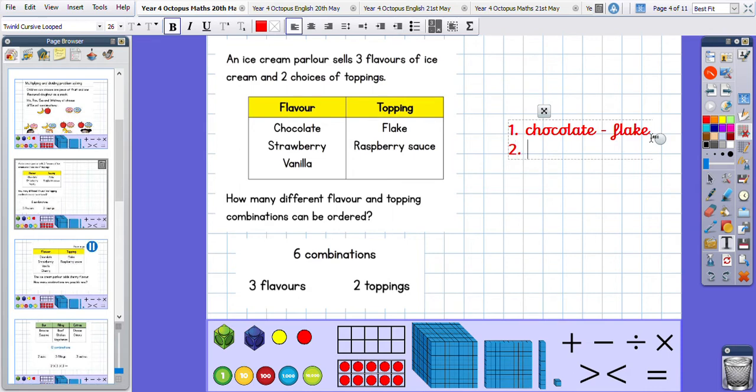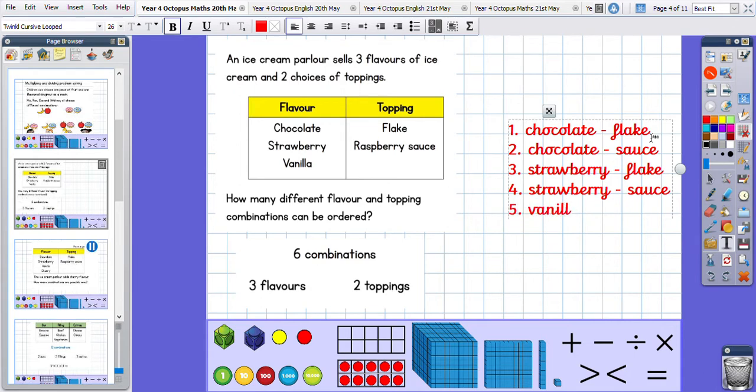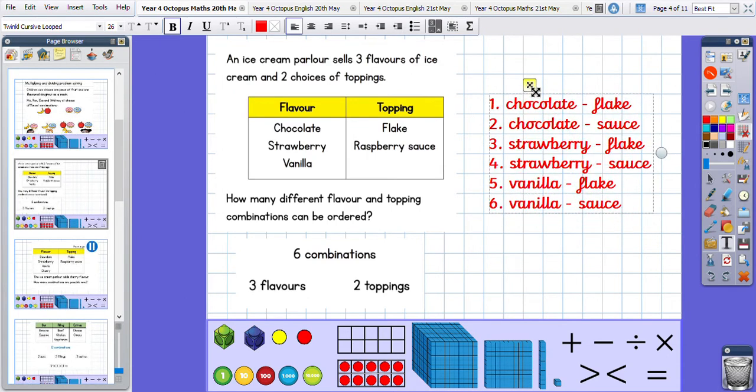We could have a chocolate ice cream with sauce, raspberry sauce. We could have strawberry ice cream with a flake. We could have strawberry ice cream with sauce. We could have vanilla ice cream with a flake, or vanilla ice cream with sauce. So sitting here and looking at it now, it's easy to see that there are 6 different options.